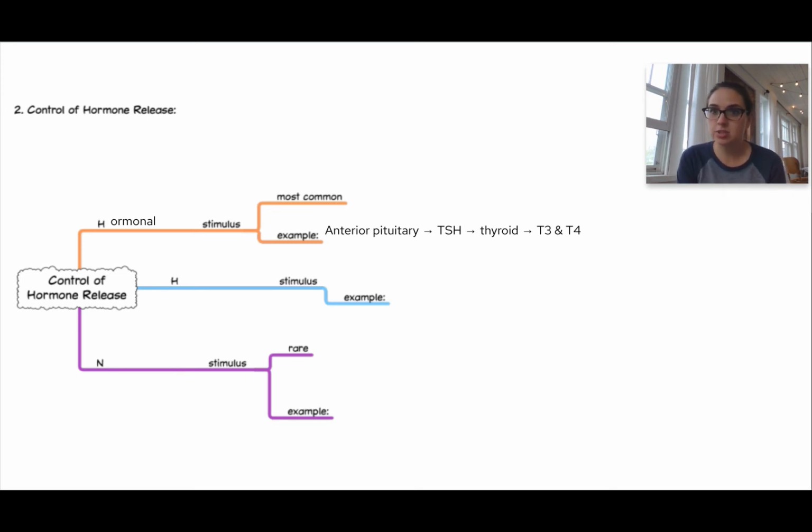And as the name suggests, the thyroid stimulating hormone stimulates the thyroid. And then the thyroid will release its hormones, T3 and T4, to have their effect on metabolism of the body. So this is what we call hormonal stimulus, where one hormone stimulates another hormone to be released. Tropic hormones is what we call that.